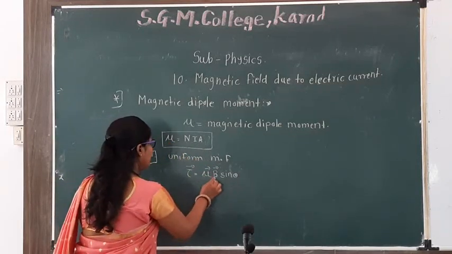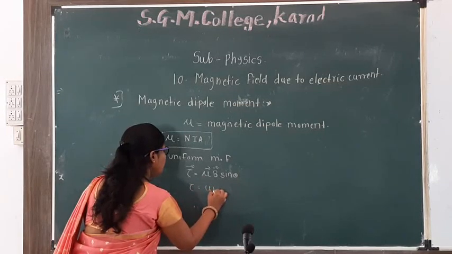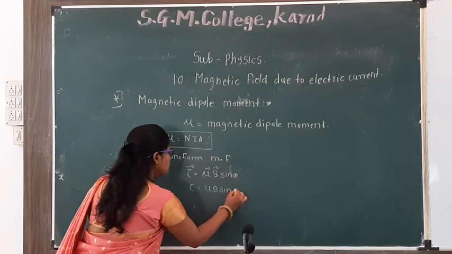We can write this equation as tau is equal to mu B sin theta also.